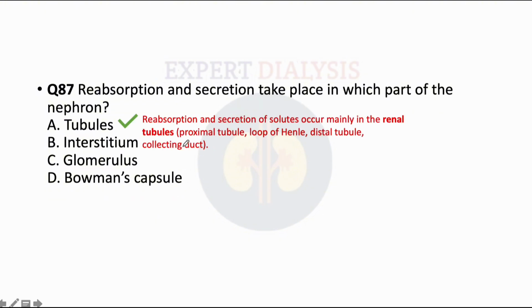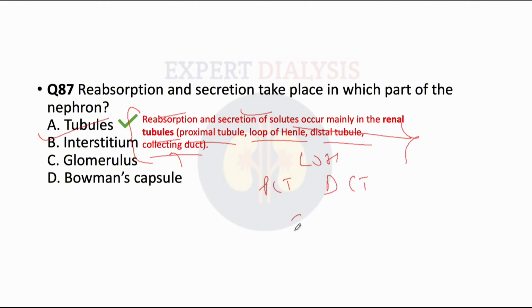So the right answer will be tubules. Mostly reabsorption and secretion occur in the tubular part. It can be PCT, loop of Henle, DCT, or collecting duct. Reabsorption and secretion of solutes occur mainly in renal tubules.